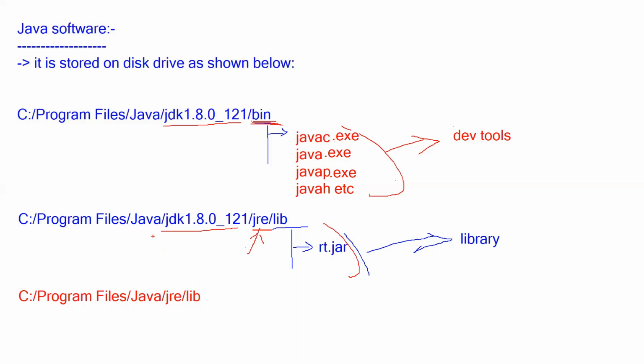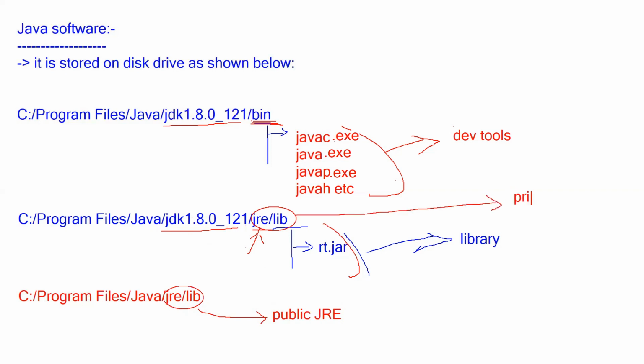The difference is that here the JRE is present inside the JDK folder, but here it is outside the JDK folder. This is called the public JRE. And whatever is present inside the JDK is called the private JRE.